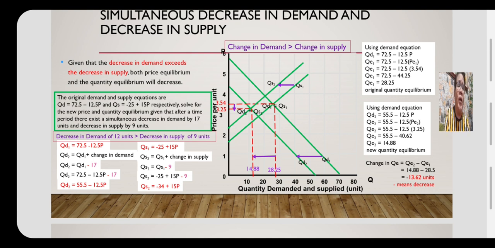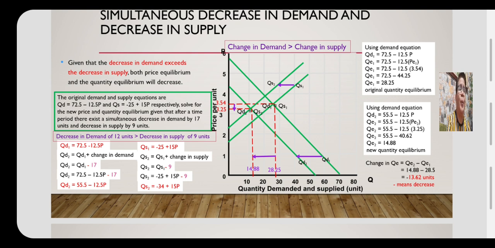The new quantity equilibrium can be solved by using the new demand equation as our reference and substituting the value of the new price equilibrium to the P of the new demand equation. So we have 55.5 minus 12.5 times 3.25 is equal to the new quantity equilibrium.